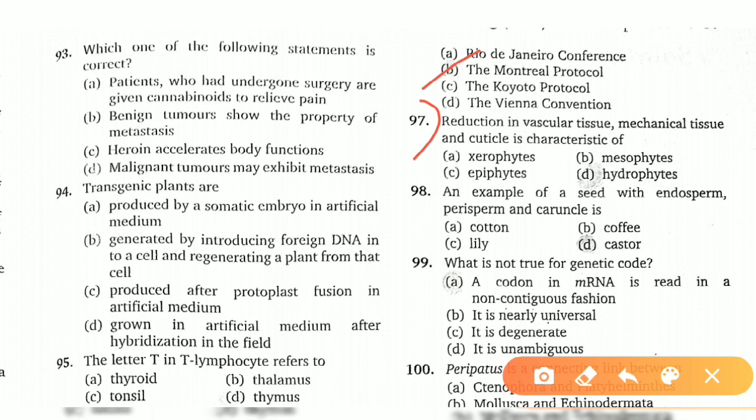Reduction in vascular tissue, mechanical tissue, and cuticle is a characteristic of, options are xerophytes, mesophytes, hydrophytes, and epiphytes. The answer is hydrophytes. Now, 98th question. Example of seed with endosperm, perisperm, and chalaza is, options are cotton, coffee, castor, lily. So the answer is castor.